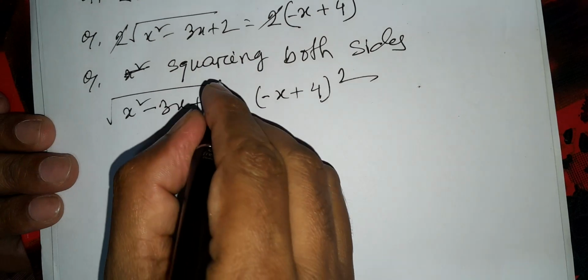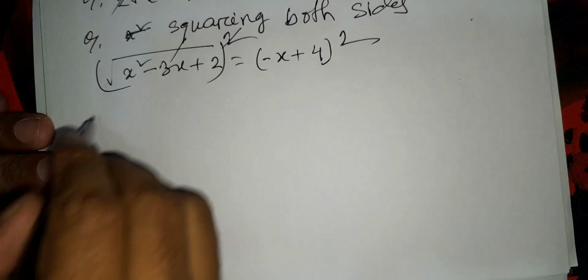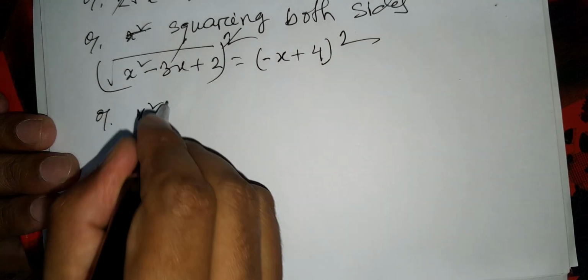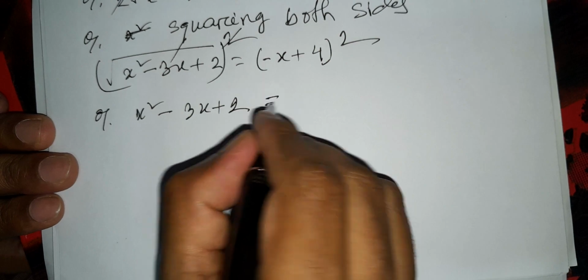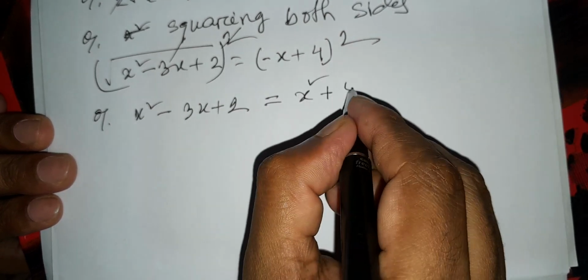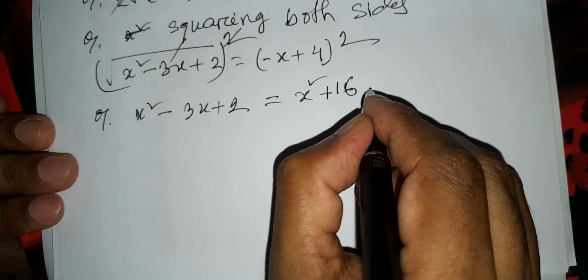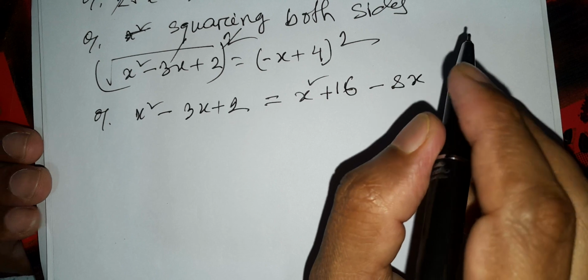Here we can write, square and root cancelled, so we get x square minus 3x plus 2 equal to x square plus 16 minus 8x.